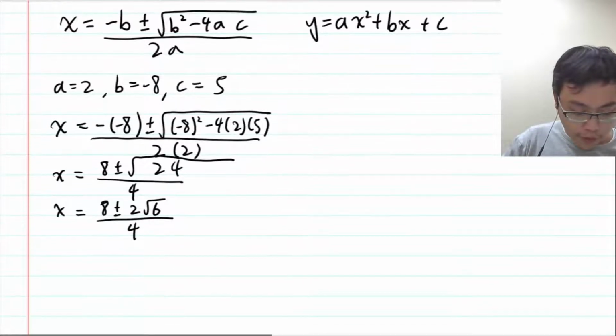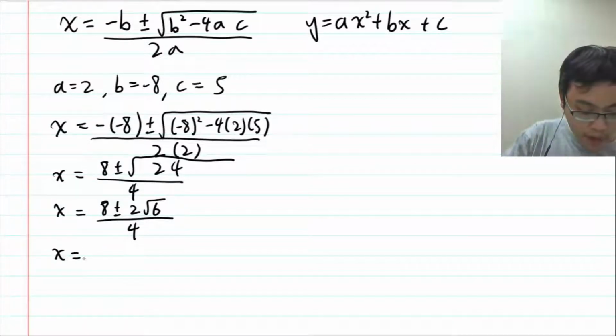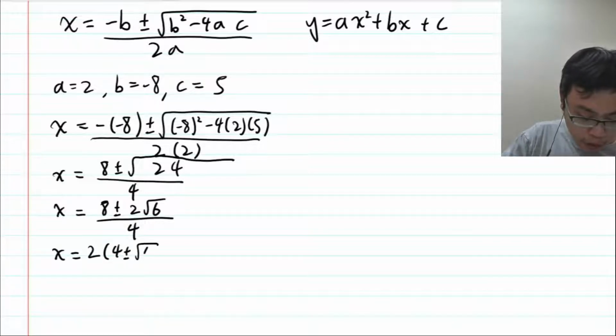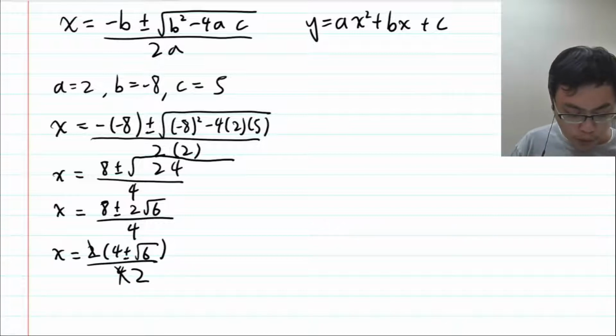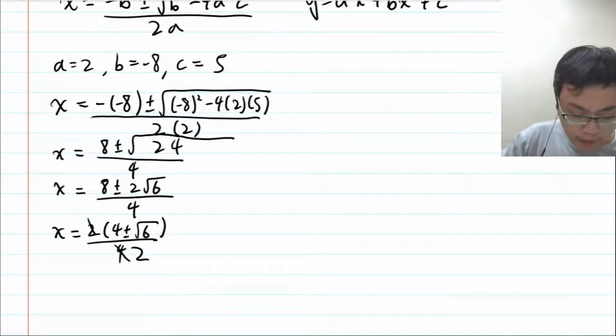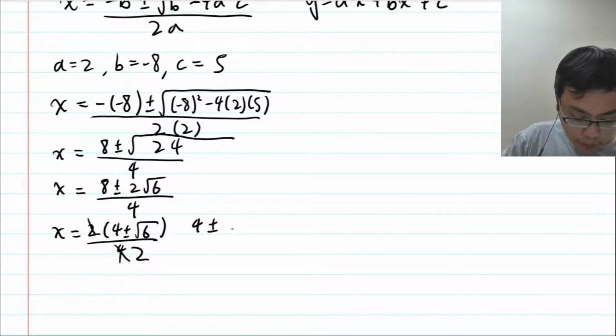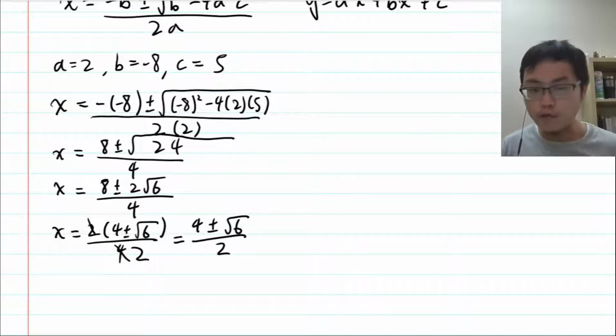So this whole thing in the end becomes x equals, if we take out the 2 over here, 2 bracket, and so this will be 4 plus or minus square root 6 all over 4, and the 2 and the 4 will cancel out to become 2. So I can just write it out nice and neat in the form of 4 plus or minus square root 6 all over 2. This will be the exact form.